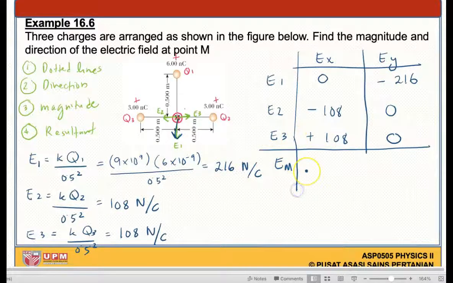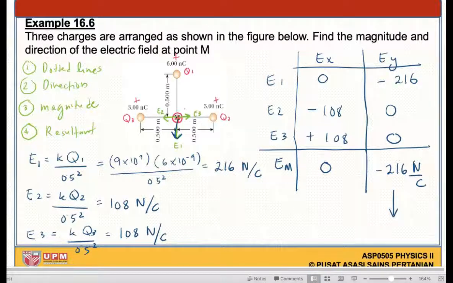The X component of the electric field at point M is minus 108 plus 108, which gives me 0. It has a 0 X component. And the Y component at this point is minus 216, which means that the electric field is going down. So that is the direction of your electric field, and the value is minus 216.